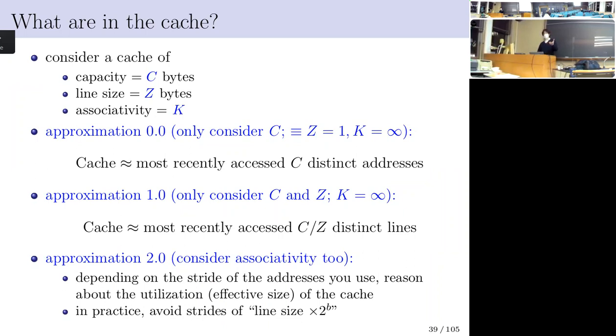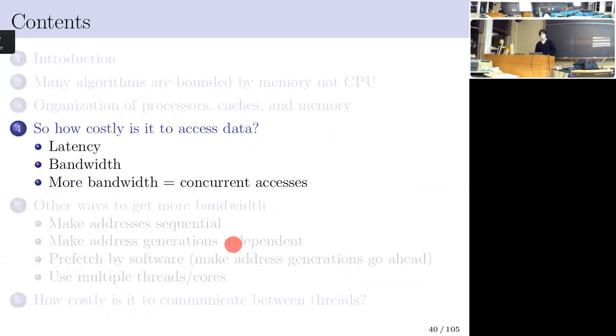So you have to make the number of items mapped to the same set smaller than the associativity. This is how you reason about cache replacement considering the associativity. So depending on your situation, you're going to use a sufficiently accurate, but the simplest model.